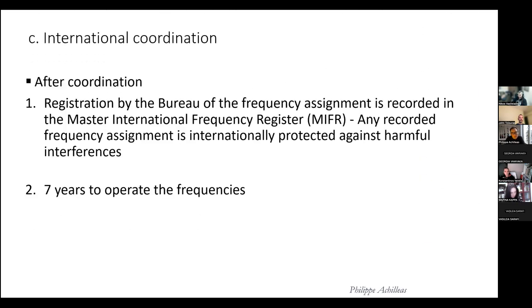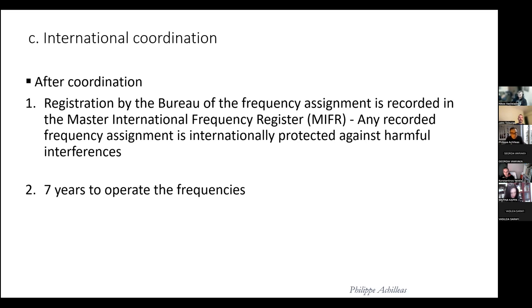Because after coordination, the last step is the registration of the frequencies by the ITU bureau. When the coordination procedure is over and there are no risks of harmful interferences, the national administration will deliver the authorization, so it will give the assignment to the satellite operator, and at the same time, it will send a copy of the authorization to the ITU.